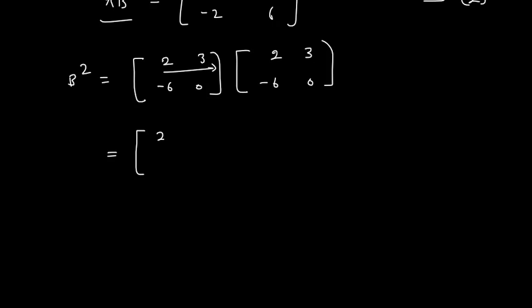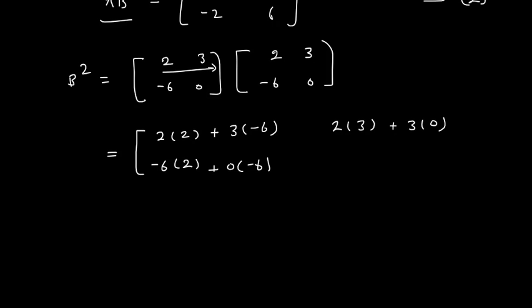plus 3 into minus 6. Here we get 2 into 3 plus 3 into 0. Here we get minus 6 into 2 plus 0 into minus 6, and last we get minus 6 into 3 plus 0 into 0.